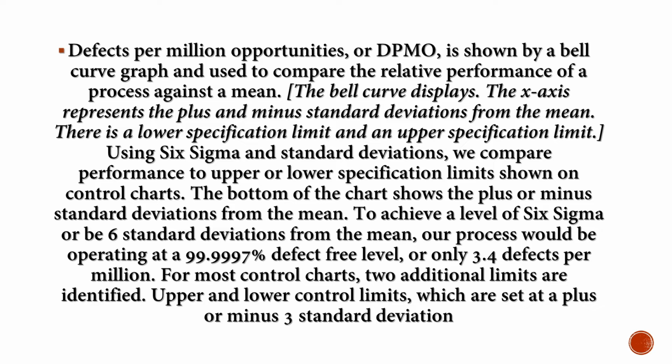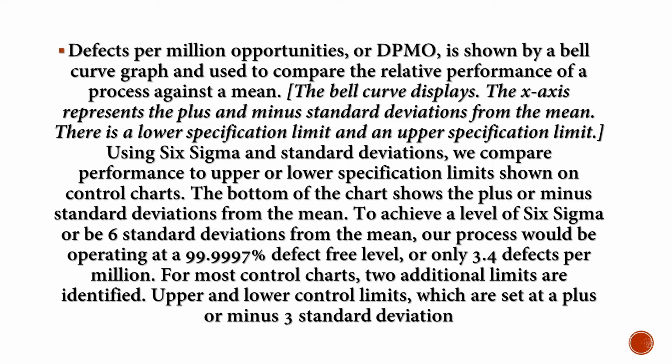So using Six Sigma and standard deviations, we compare performance to upper or lower specification limits shown on a control chart. The bottom of the chart shows the plus or minus standard deviations from the mean.